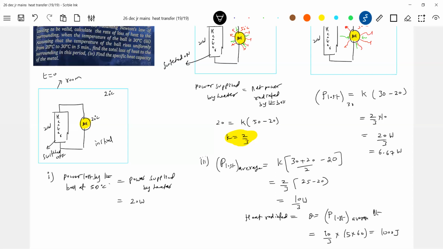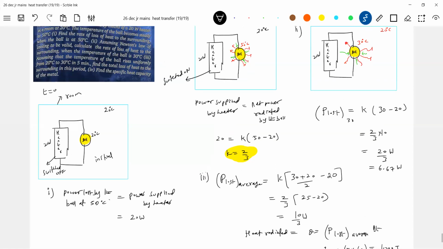Find the specific heat of the body. Then what can you write? Okay, this heat radiated in 5 minutes. How much heat is given by the heater coil? This is not our answer. Okay, we'll do one thing.